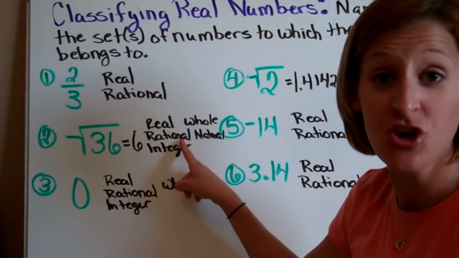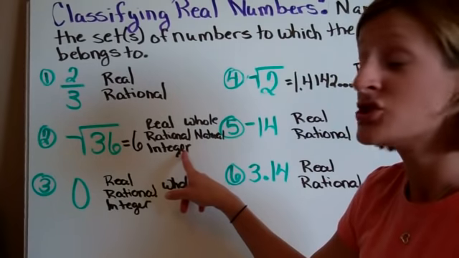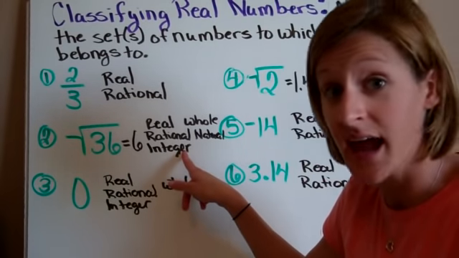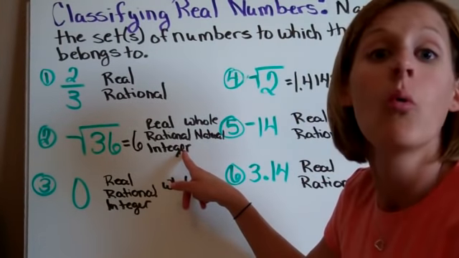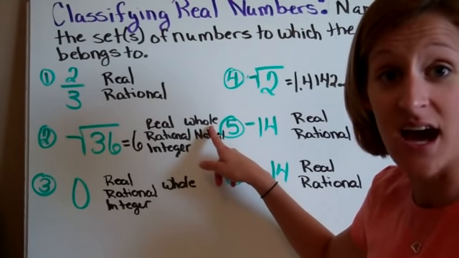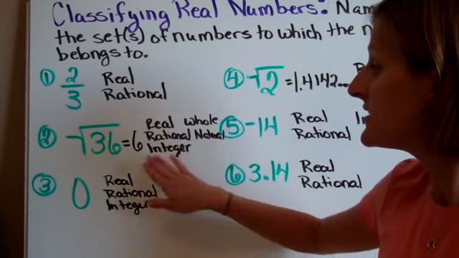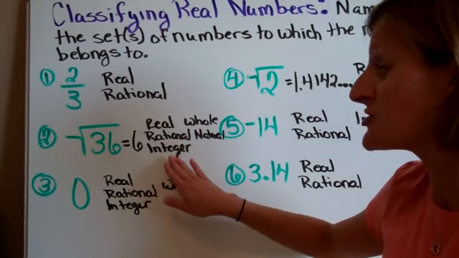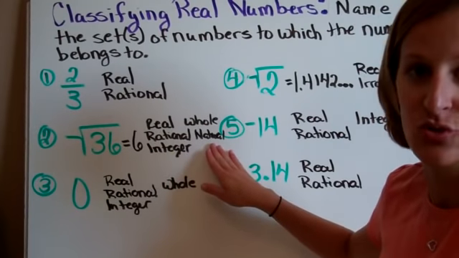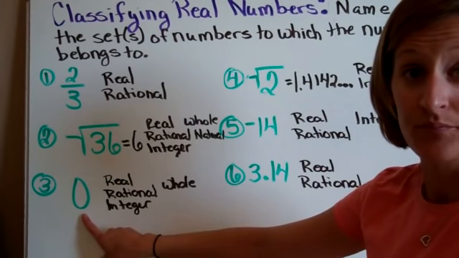That would be an integer. And yes, this is a whole number, so it's an integer. So next I need to ask, is it a counting number, including 0? Well, yes it is, so it's also whole. And since it's not 0 and it's whole, then it's also natural. So really, this 6 belongs to real, rational, integer, whole, and natural. All of these groups.